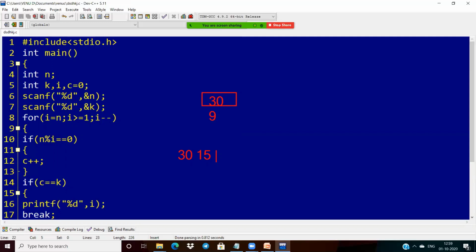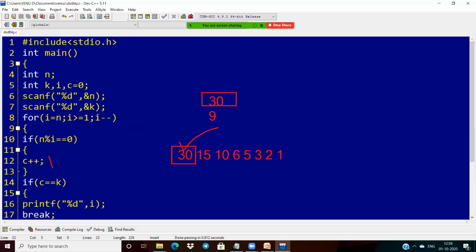10, yes. So that is my 10. After 10, 9 no, 8 no, 7 no. 6, yes. 5, yes. 4, no. 3, yes. 2, yes. 1. And how many factors are there in total? For the first case, I value is 30, so C will be 1.